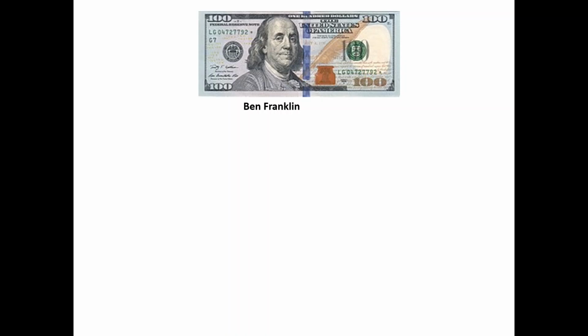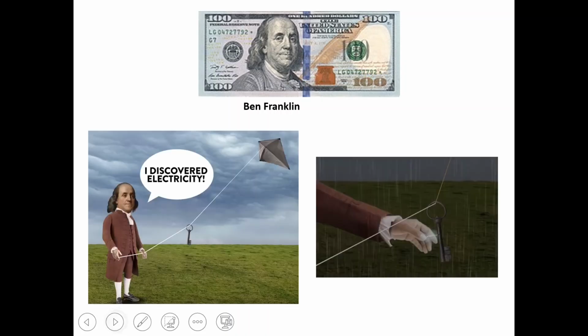Yes, he was definitely quite an active political figure at the early stage of establishing the United States of America. However, in his free time, this guy was doing weird stuff. Imagine some old guy in a storm with a kite in the sky.